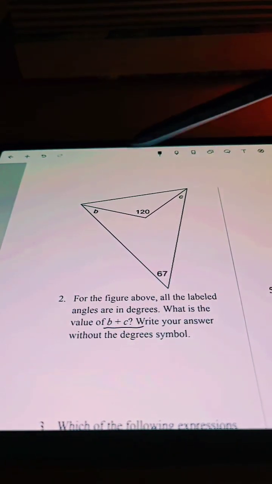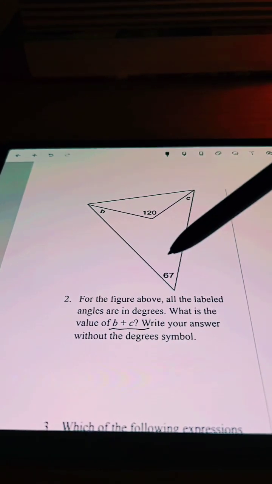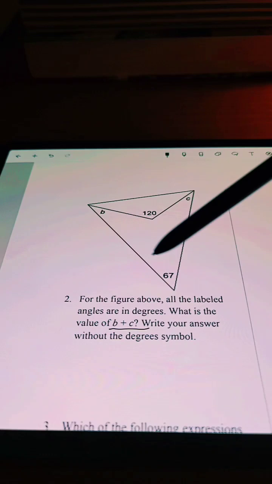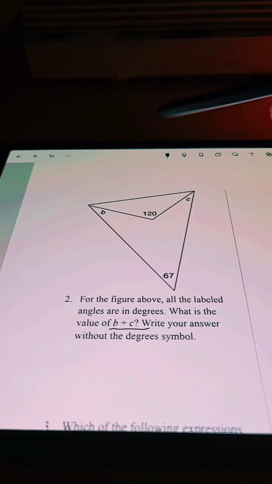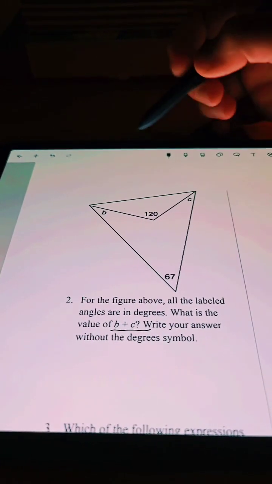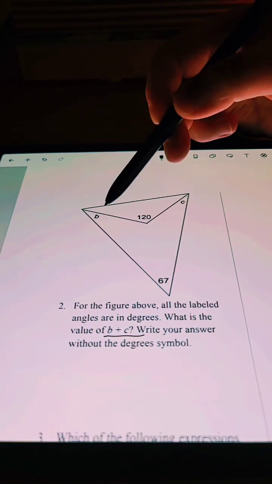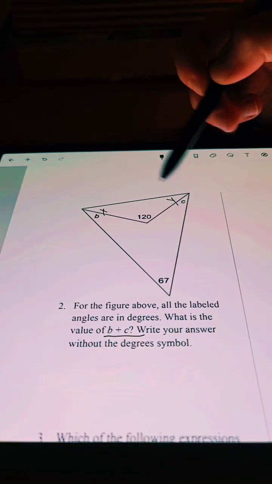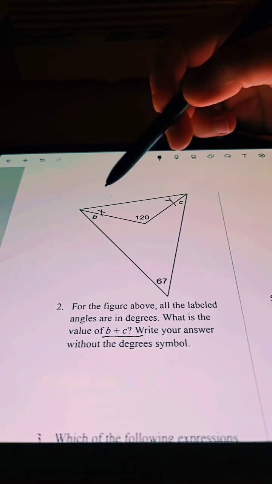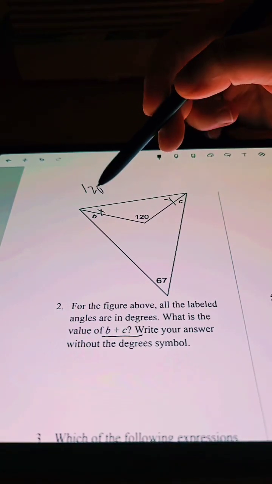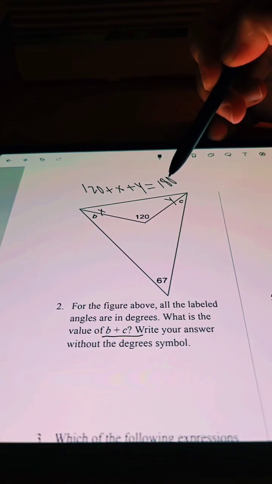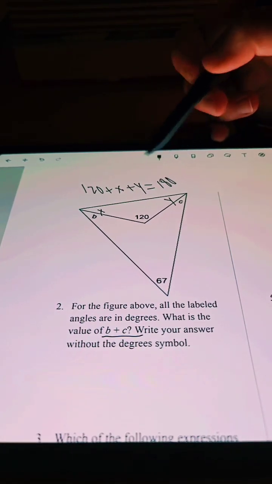We technically have 2 triangles here: this little triangle portion, and this big triangle portion right over here. Let's call the other angles X and Y, just to label them. That means 120 plus X plus Y has to equal 180 degrees.